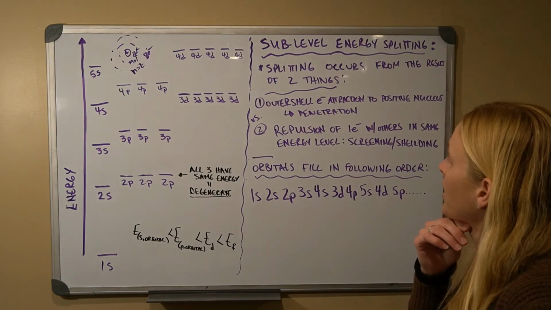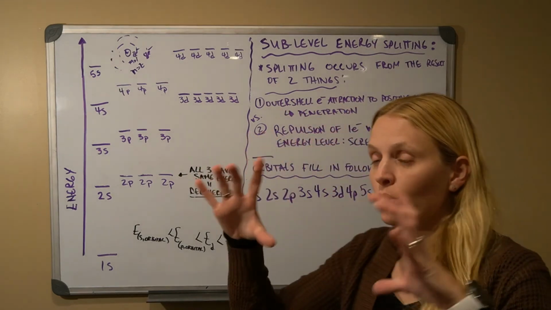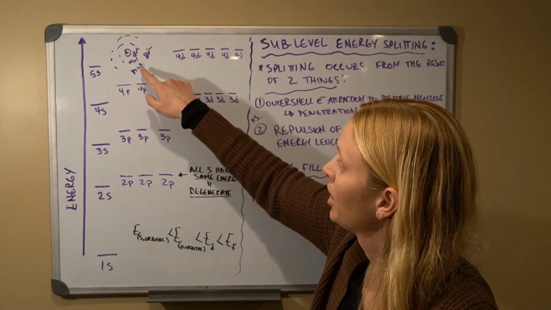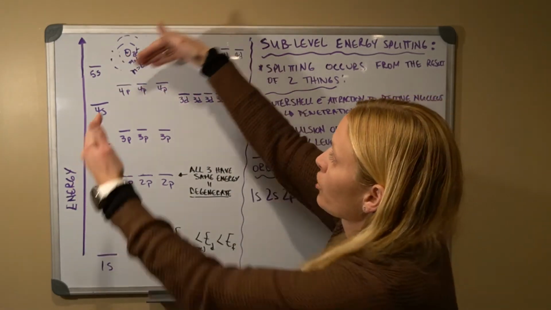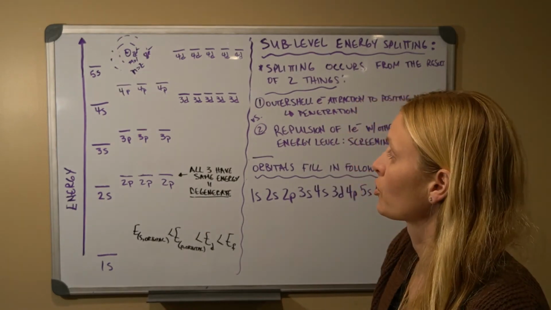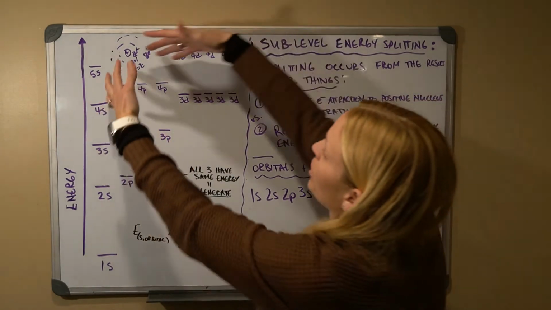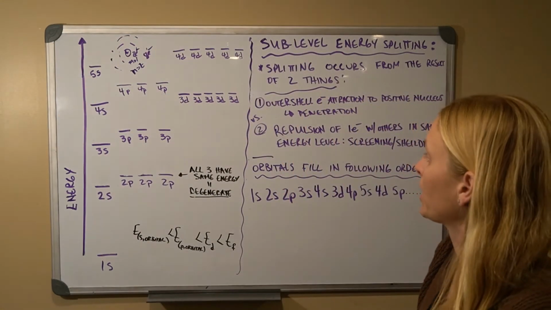There are two main reasons why the splitting occurs that is represented in the energy diagram. The first one is that the outer electrons in the atom are negatively charged, and the nucleus is positively charged. So those electrons are being attracted to the positive nucleus. Opposite charges attract, right? That's called penetration. The electrons are trying to attract in closer to the nucleus.